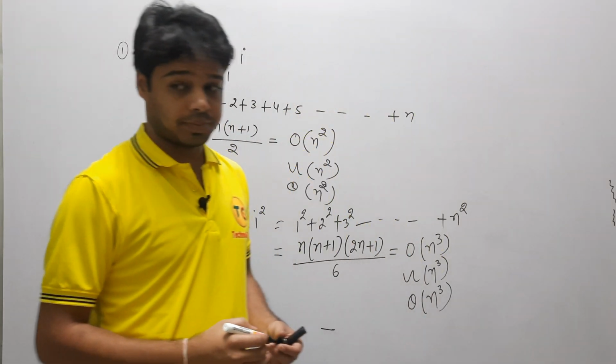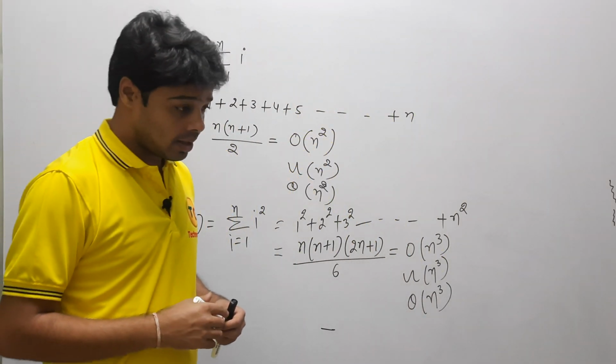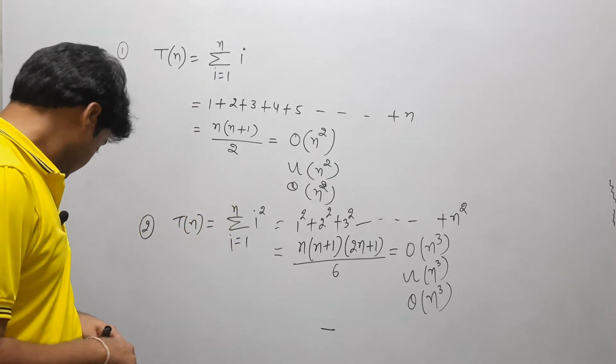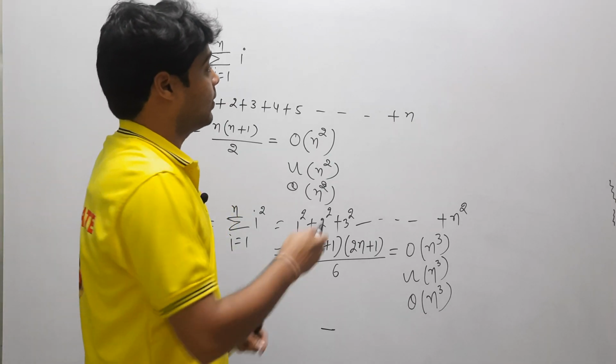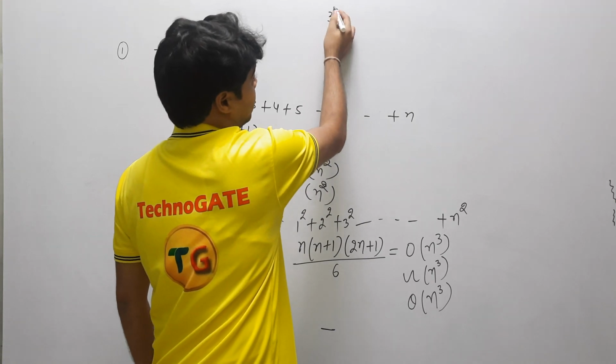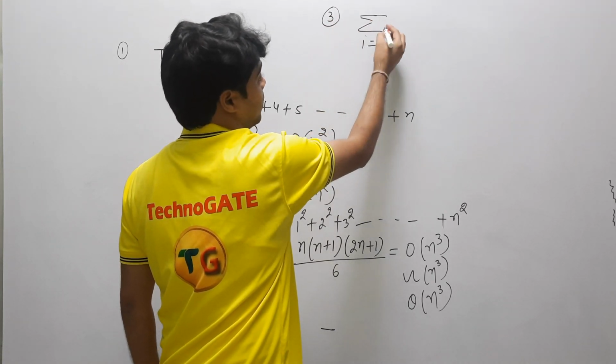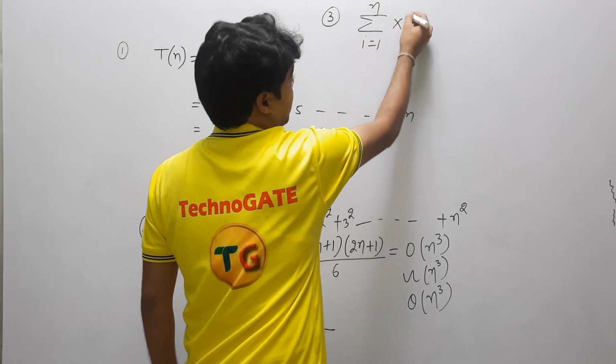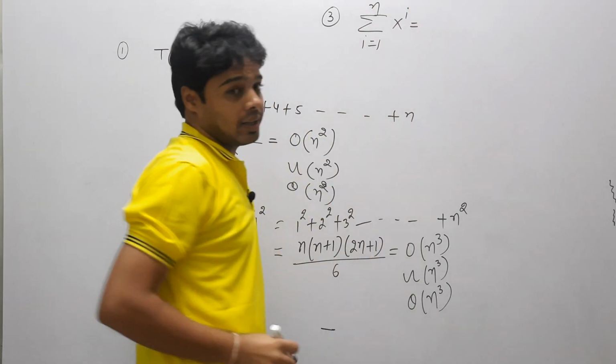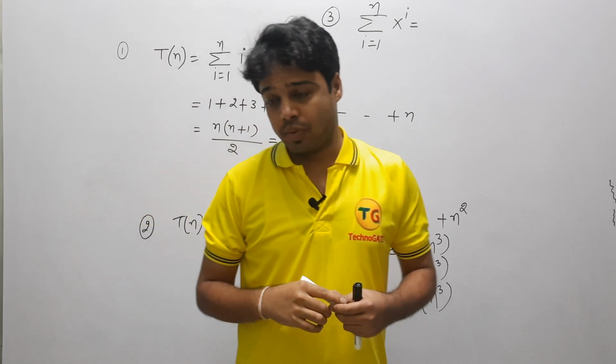Okay. The third one is what? Summation i equals 1 to n of x raised to power i. What is the value of this one?